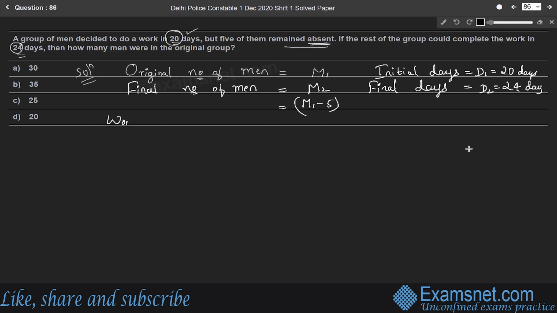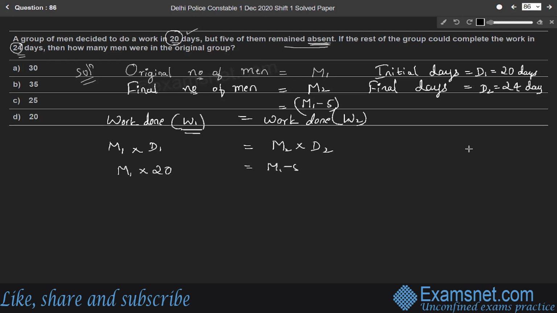Therefore, work done W1 is equal to work done W2. What is the work done in the first situation? The number of men times 20 days, that is M1 into D1, is equal to M2 into D2. Right? So M1 into 20 is equal to M1 minus 5 into 24.